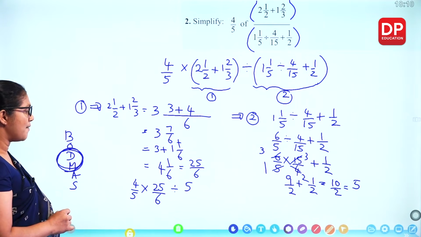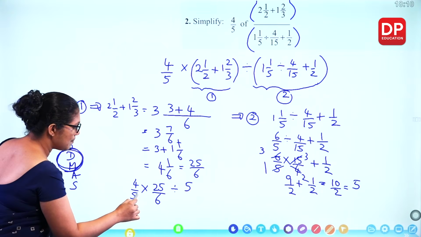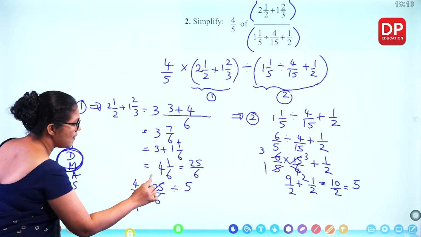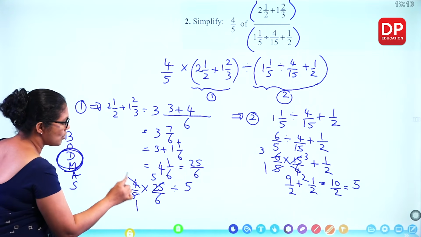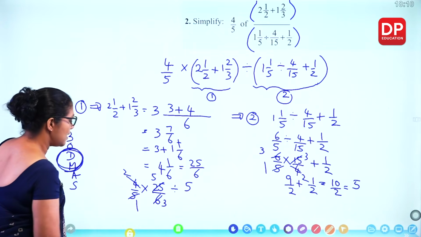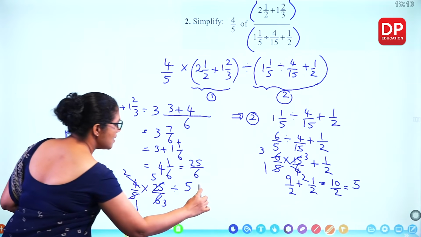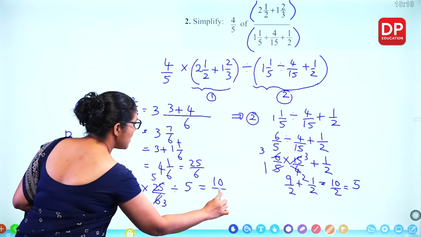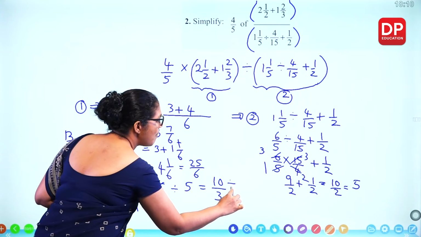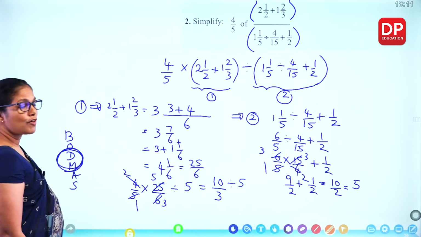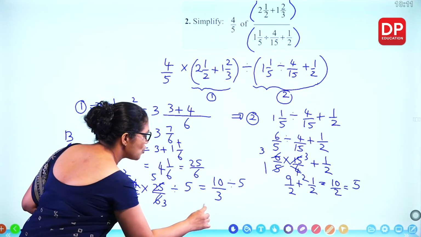and that answer you have to divide by 5. So what we can do, you can simplify this. 5 times 1, 5. 5 times 5. 2 times 2. 2 times 3. So what's the answer? You can't simplify further. 2 times 5 is 10 over 3. Divide by 5. What's the next step? Again division comes.